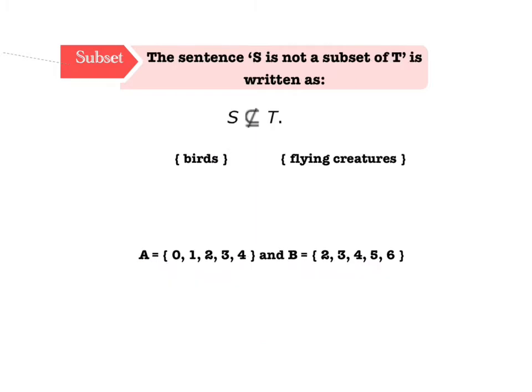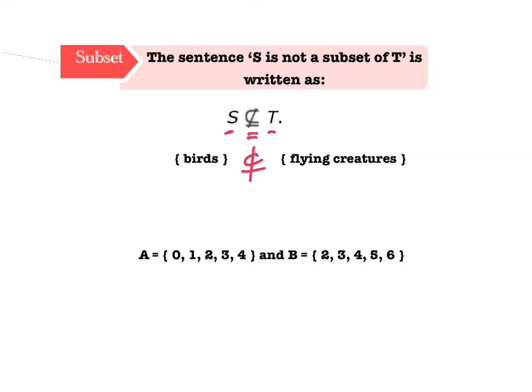Okay, another is the statement S is not a subset of T. It is written as S is not a subset of T. For example, birds and flying creatures. Birds is not a subset of flying creatures. Why?